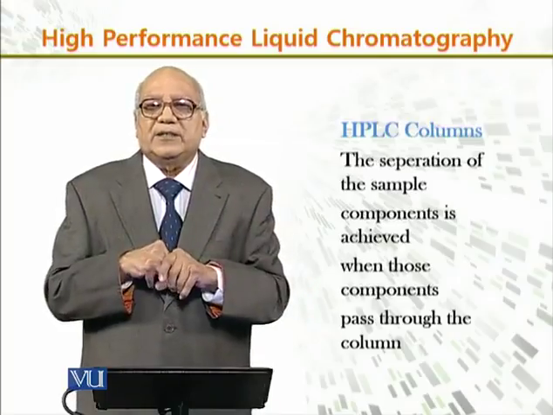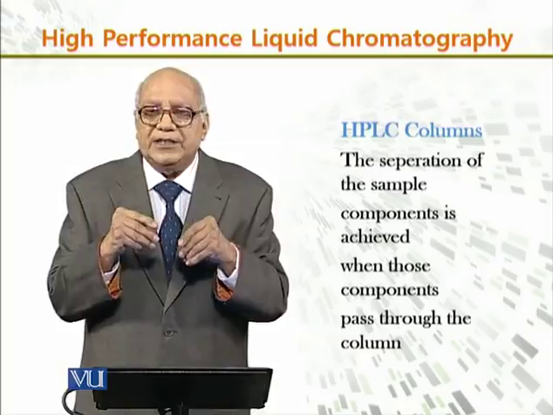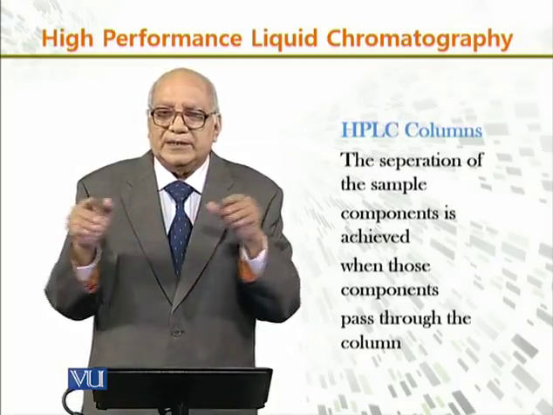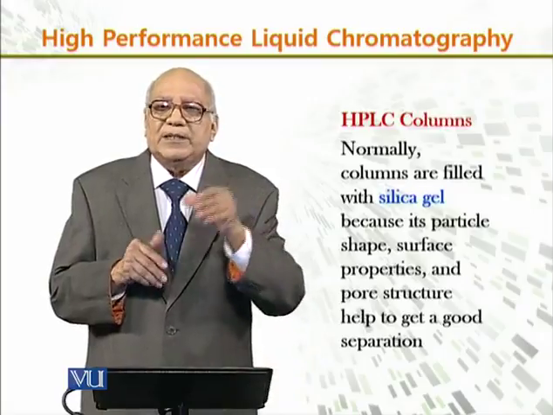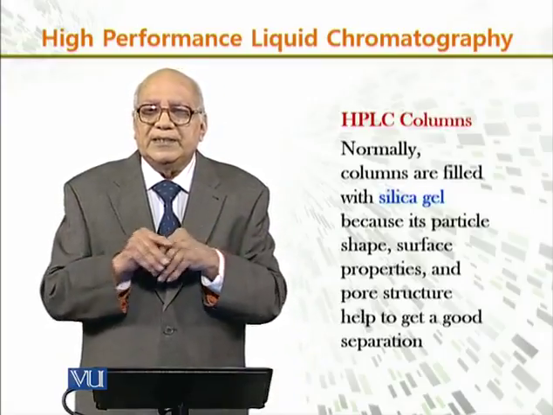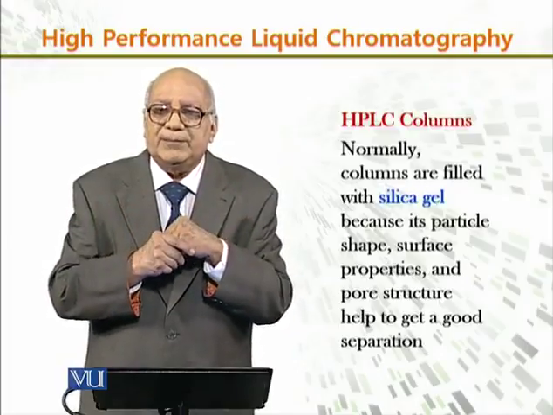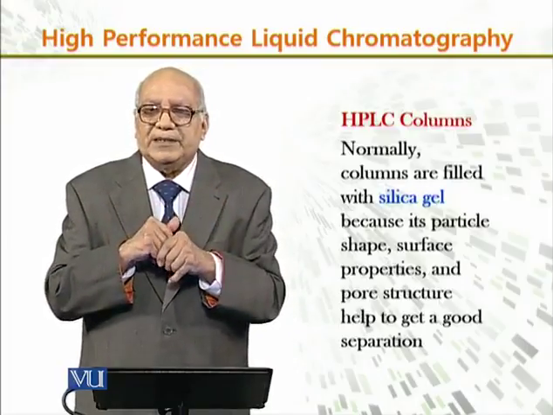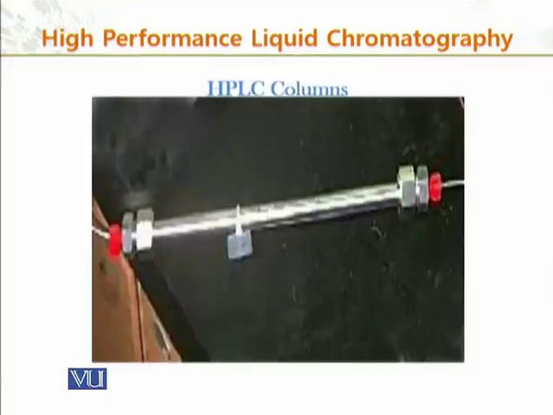The separation is achieved when the components pass through that column. Normally, columns are filled with silica gel because its particular shape, surface, properties, and pore structure help to get a good separation.